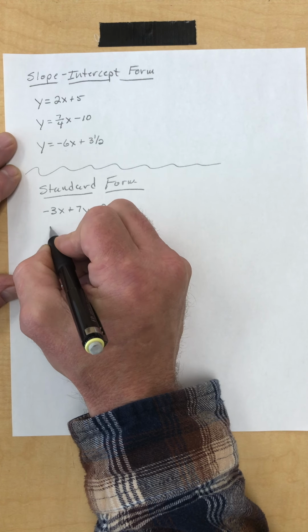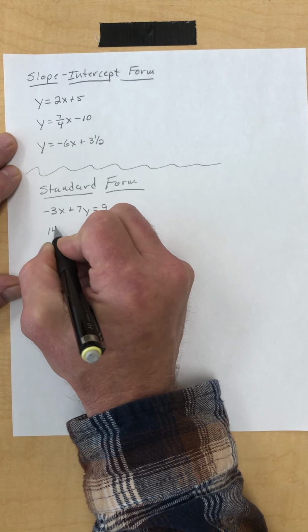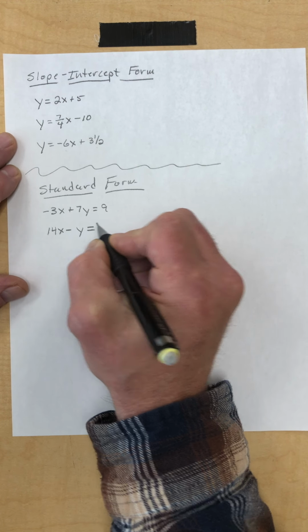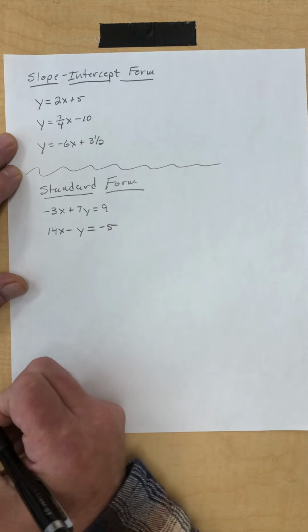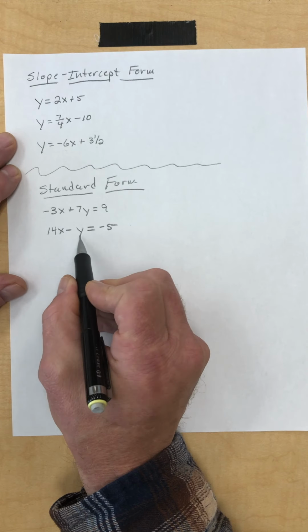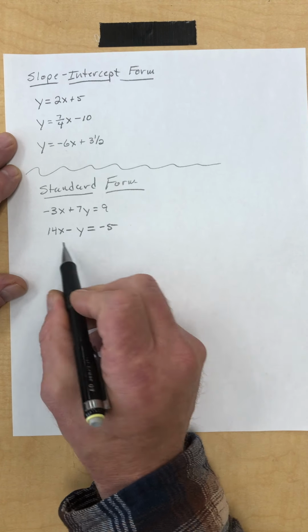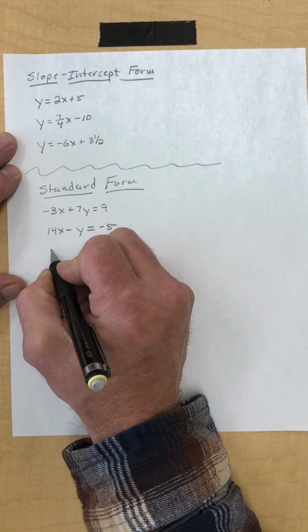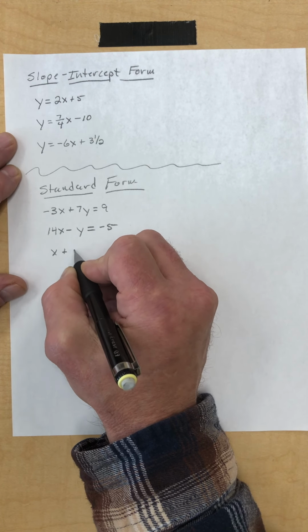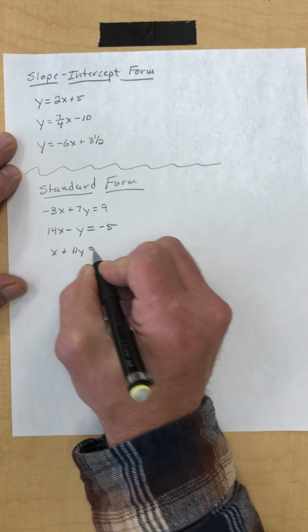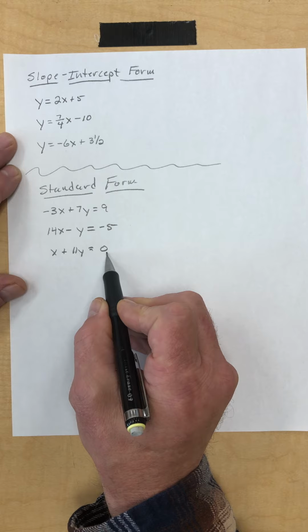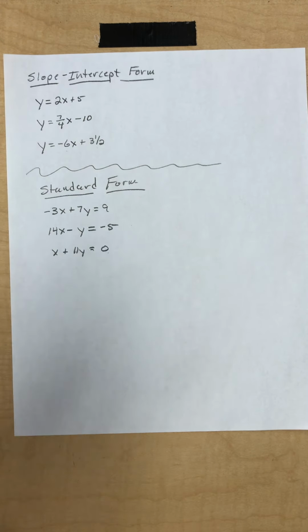Something like 14x minus y equals negative 5 is another example. Terms with x and y are on the left, constant on the right, no fractions or decimals whatsoever. You might have x plus 11y equals 0. Again, x and y on the left, constant on the right, no fractions or decimals.